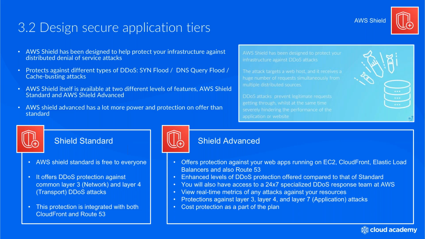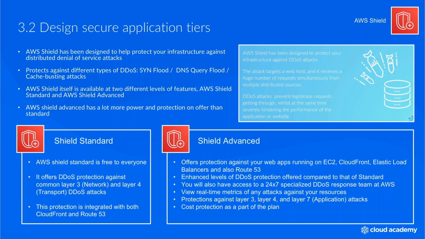The attack targets a host which might be running a website or a web application, and it receives a huge number of requests simultaneously, which are maliciously sent by an attacker from multiple distributed sources. This increases the flow of traffic, and it aims to prevent legitimate requests from getting through to the host and being processed. So it severely hinders the performance of the application or website.